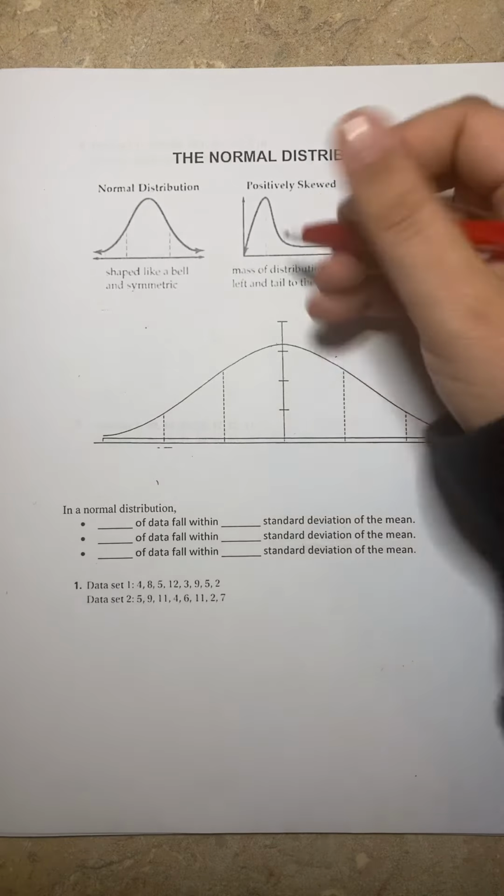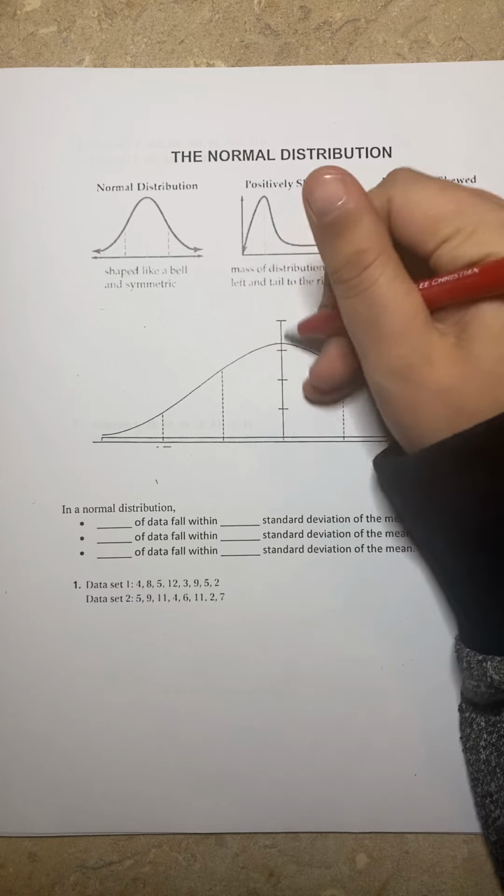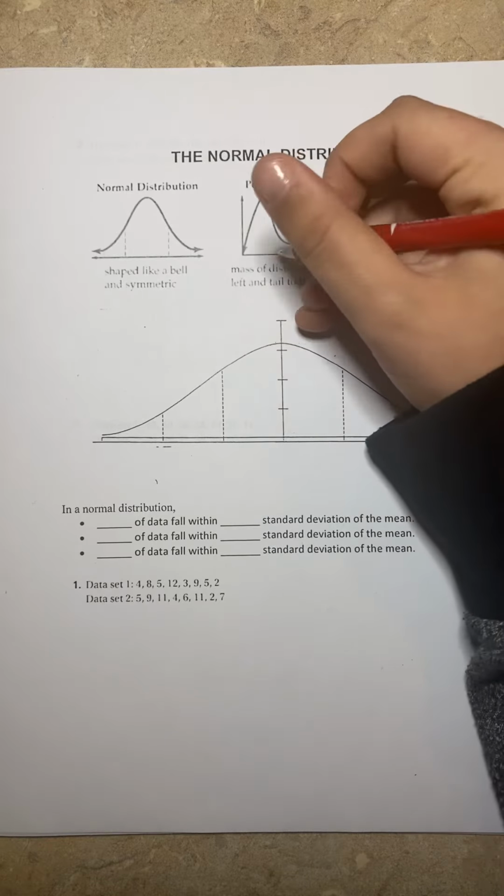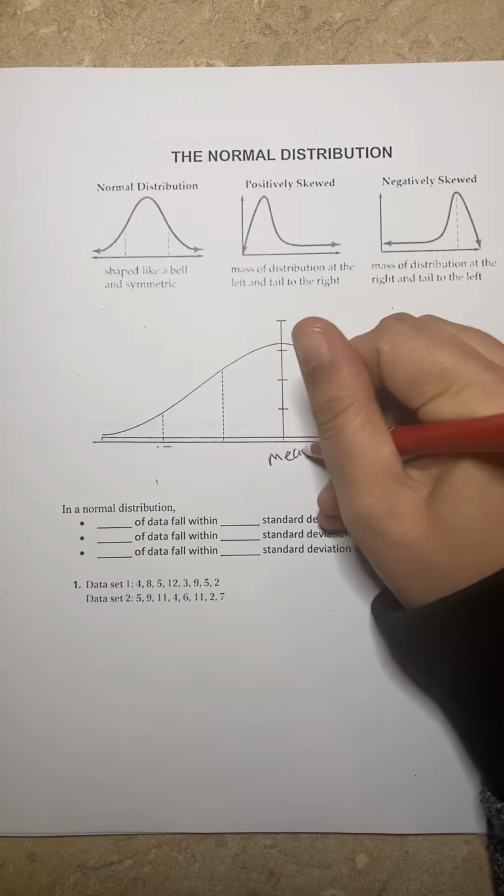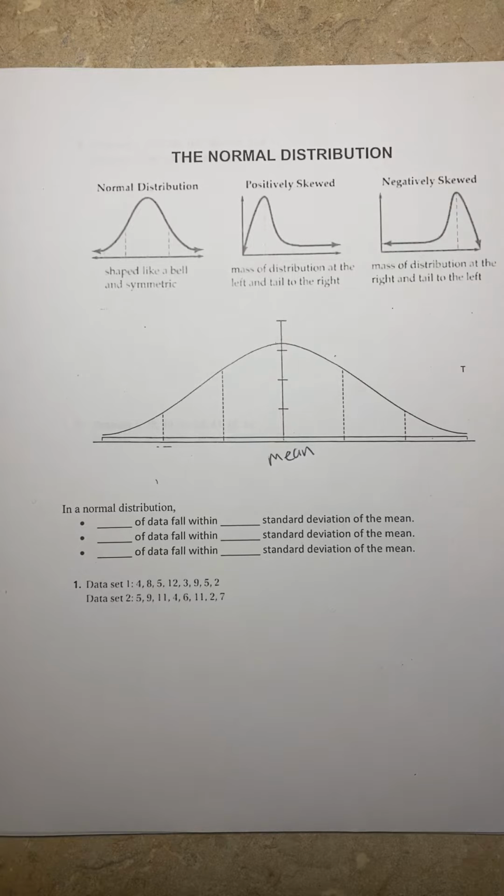Whenever you create this line right here, the number that you're going to use is always your mean. Remember, the mean is when you add up all the numbers and divide by however many there are. I also showed you a calculator trick on how to do that, and I'm going to use my calculator most of the way. I'm sorry if you don't have a calculator at home, because you are going to use standard deviation with this.